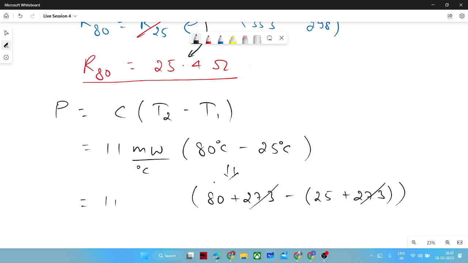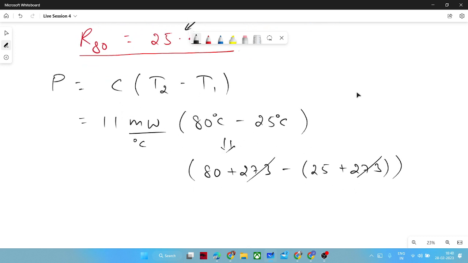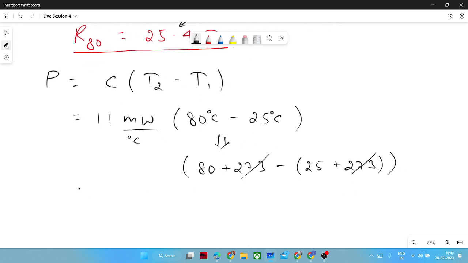So it doesn't matter in differential. It will matter wherever we are using absolute values. So it doesn't matter at this stage. And anyway, you try to match the units always. So since degree centigrade is in the denominator, you can take degree centigrade, right?